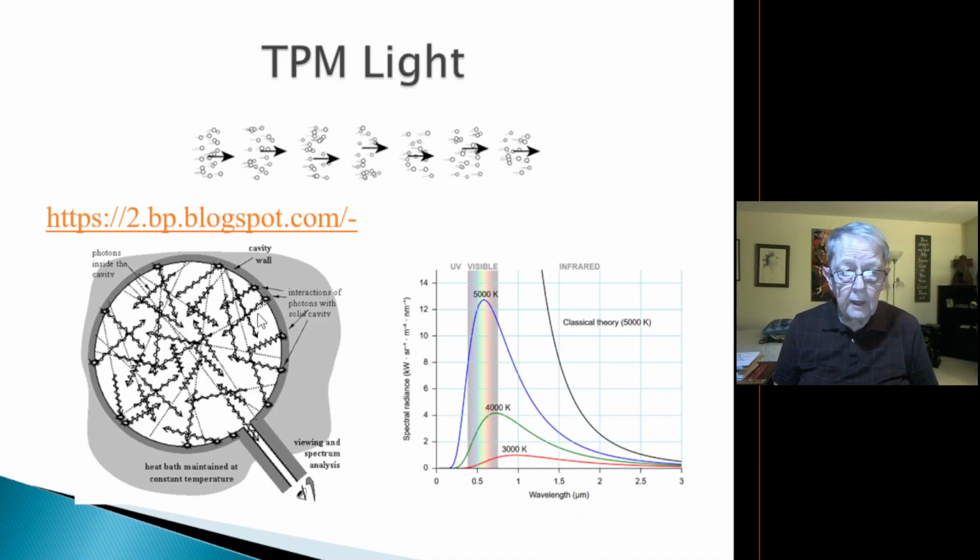Now, in the case of the particle model for light, the reason this stream of light is being emitted is that, if we're at 5,000 degrees Kelvin, all of the atoms and molecules in this wall are vibrating at the same rate. Very stable temperature.